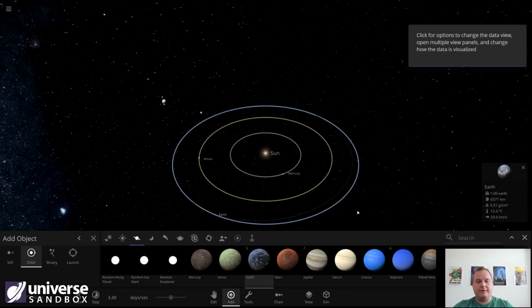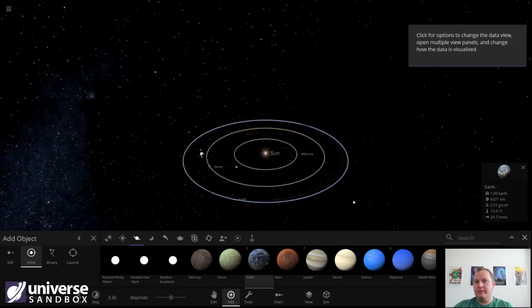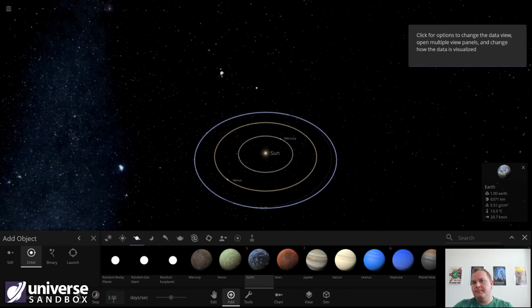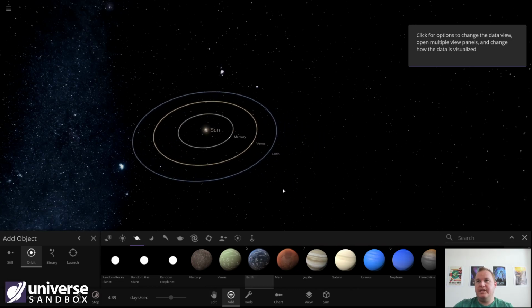So there's the Earth. And if we take a closer look, we can see all the planets working their way around. Our time scale right now is 3 days of time. Well, let's actually set it to 5. So it's about 5 days for every second of time that we experience. So there's 5 days happening here. And the Earth slowly rotates as well.